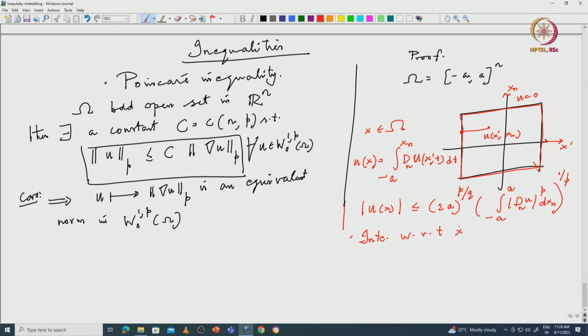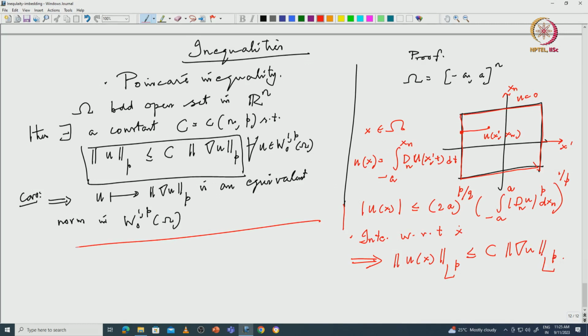So you get some constants, which will eventually lead to the norm of u at LP being less than or equal to a constant times the norm of grad u at LP. The constant depends basically on the diameter, only on a. You work out such details.